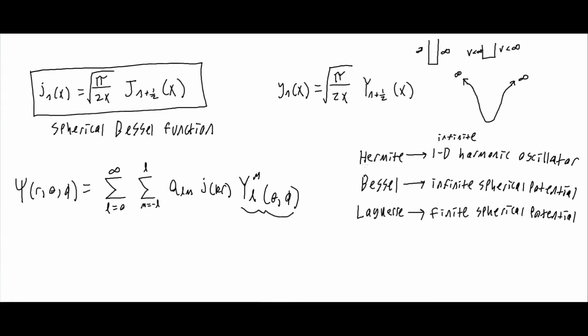So I've gone through the Bessel functions here, and as I said, these are what we use when we model it as an infinite spherical potential. The Hermite is when we are doing the simplified 1D harmonic oscillator that looks like this right here. Then the Laguerre is when we use a finite spherical potential, which is the way a hydrogen atom is modeled.